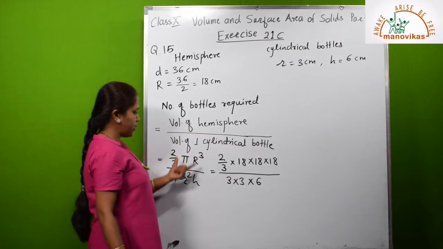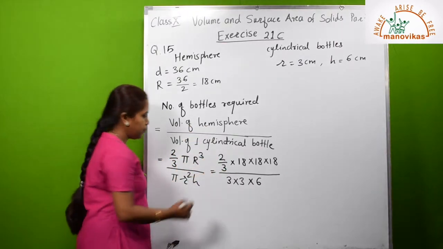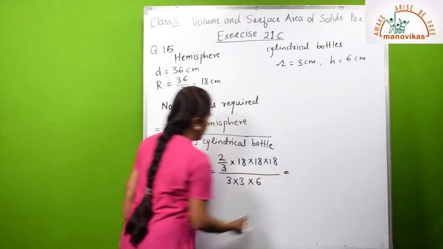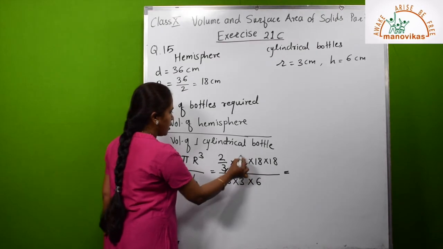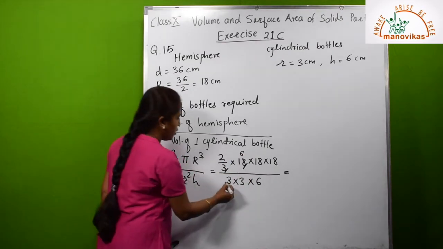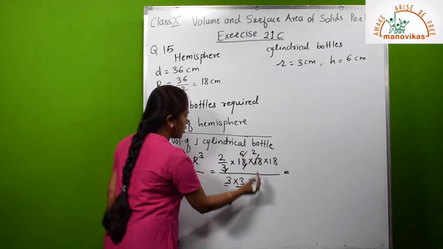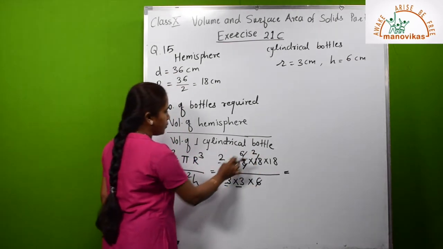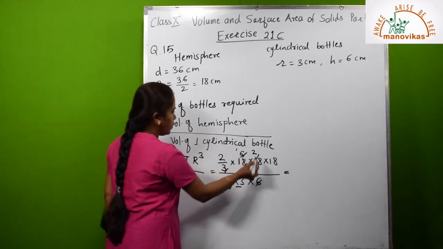Okay, first write down the formula and then substitute the values. Now again do the calculation: 3 sixes are 18, 3 nines are 27, this 6 gets cancelled. Okay, so this is 1.